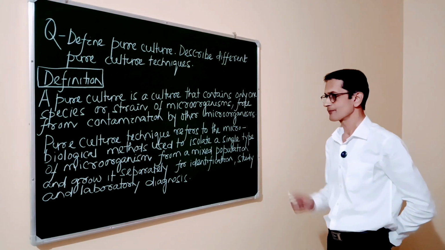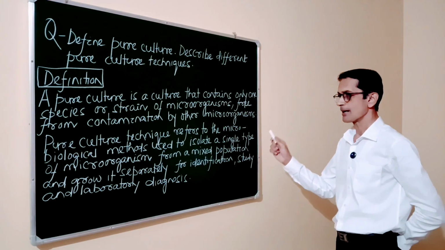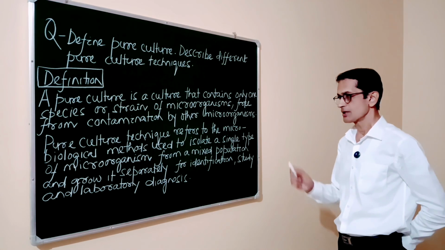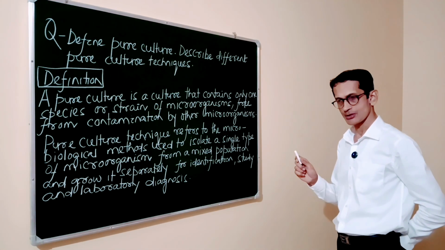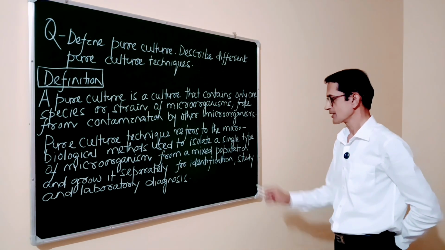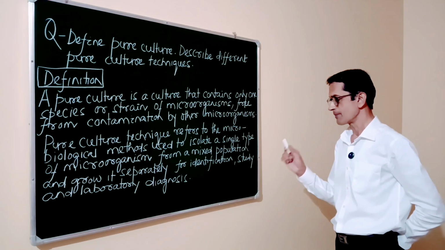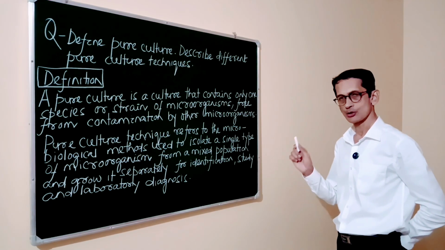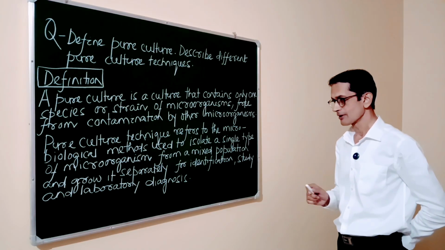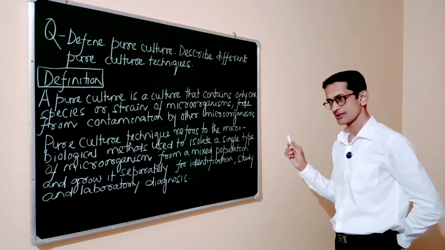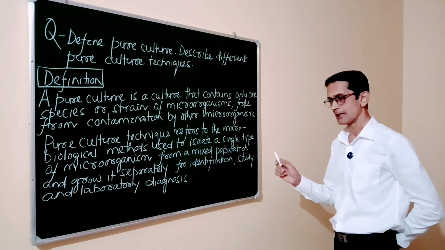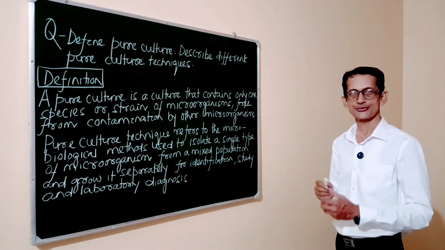Pure culture technique refers to the microbiological methods used to isolate, means to separate a single type of microorganism from a mixed population and grow it separately for identification, study and laboratory diagnosis.